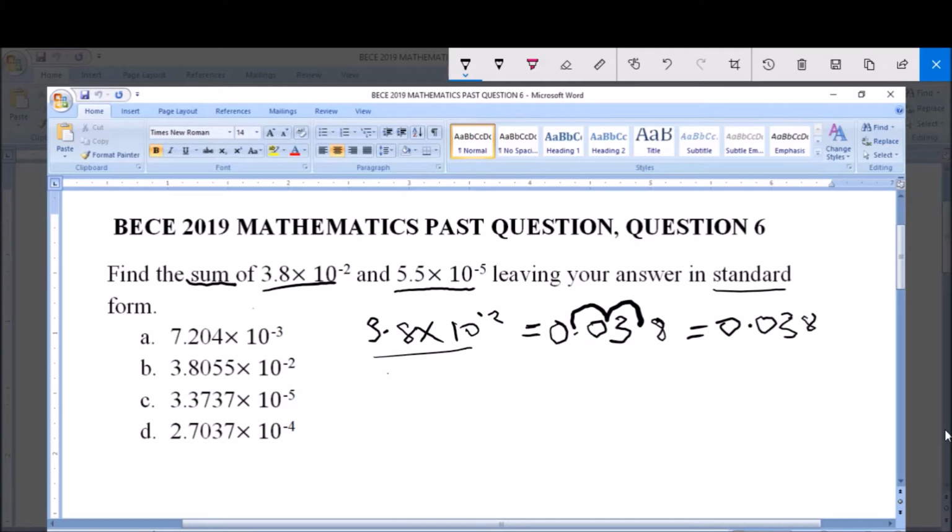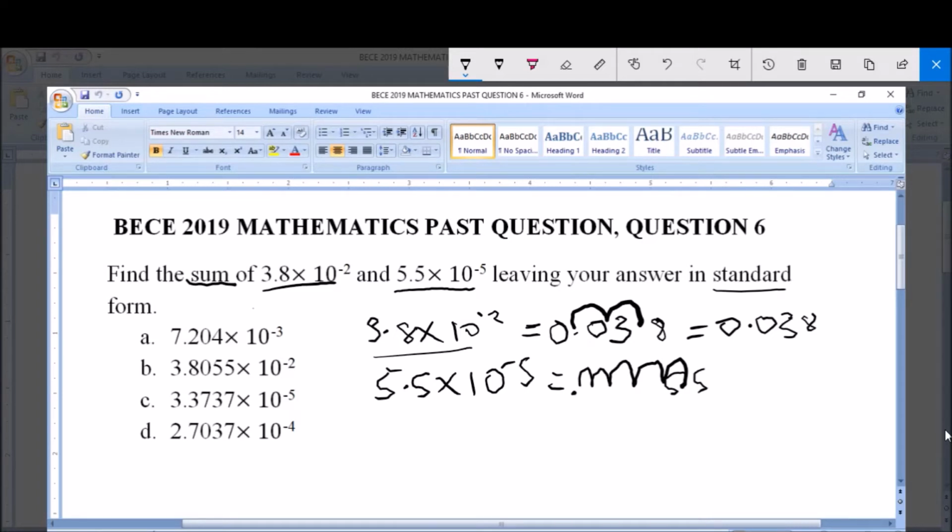Now for 5.5 times 10 raised to the power of minus 5, you have 5.5. Because it is raised to the power of minus 5, you move this decimal point 5 places to the left. 1, 2, 3, 4, 5.